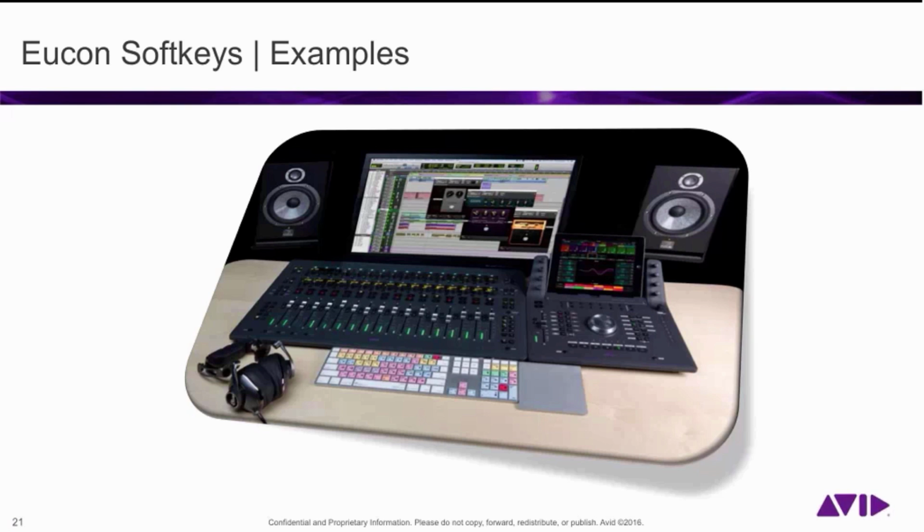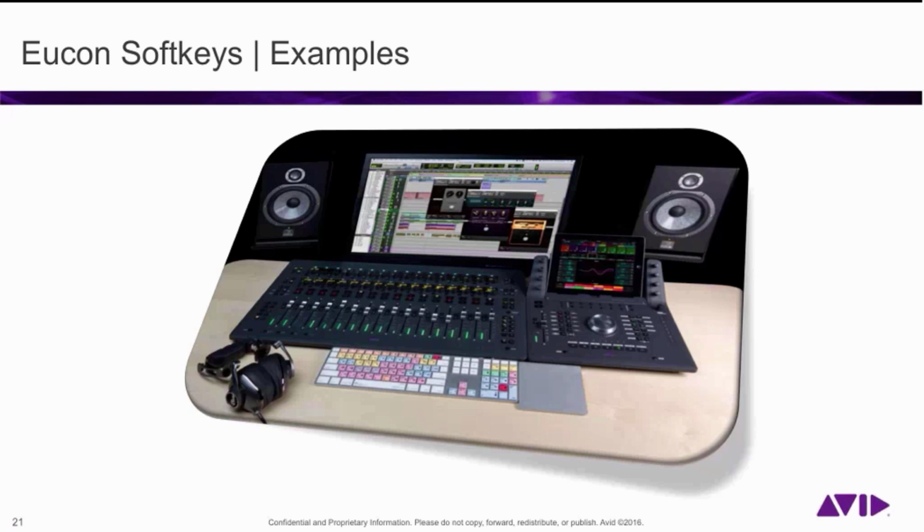They're made up of Windows configurations to change the layout of my screen. They're made up of layout recalls to change the channel strips that are on my surface. Soft key pages that I've built determined on the action that I'm trying to execute, so editing, mixing, etc. And then just some miscellaneous options as well, such as scrolling options, automation display options, and so on.